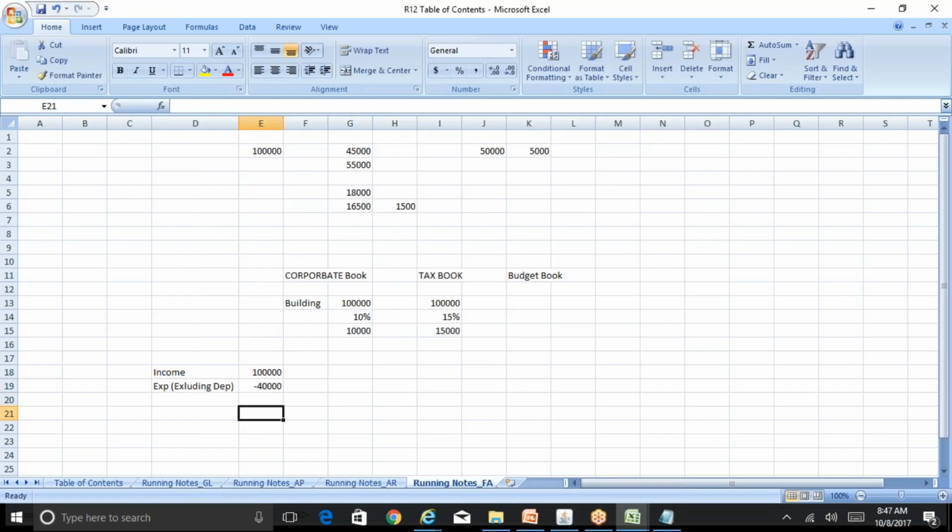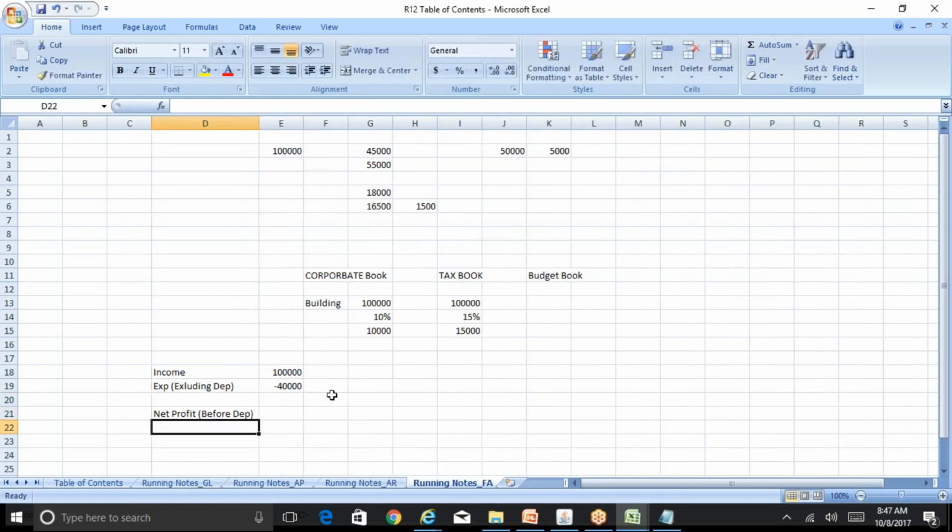Okay, so if you look at any income statements of any large companies, you will be able to see income, expenses excluding depreciation. Okay, and it says net profit before depreciation, 60,000.